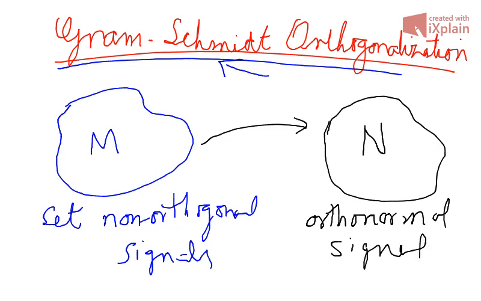When we say orthonormal signals, the signals are orthogonal and they are normalized. Their energy is unity.